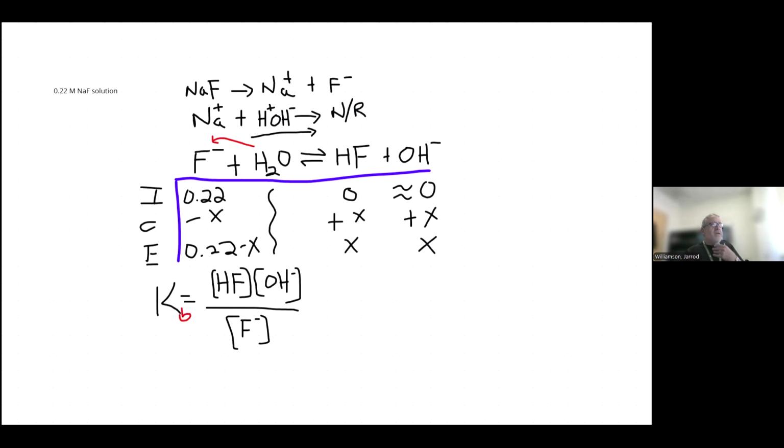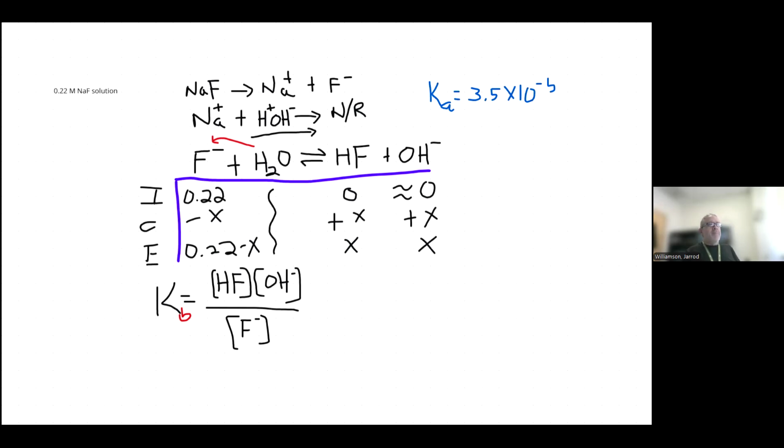And we're not given a value of K base. We are given Ka in the worksheet. Ka, it says, is 3.5 times 10 to the minus 5.